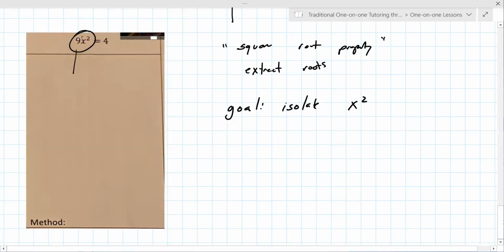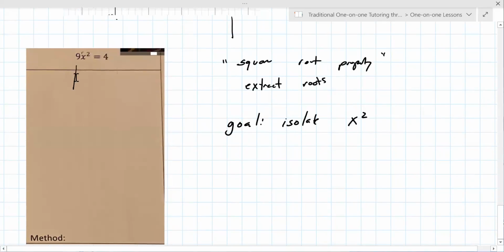Okay, it's multiplying. To undo multiplication, you divide. So if we have 9x squared equals 4, you divide both sides by 9.